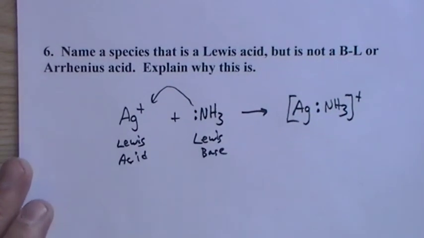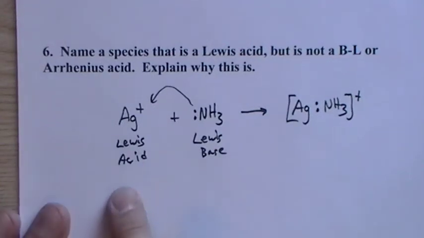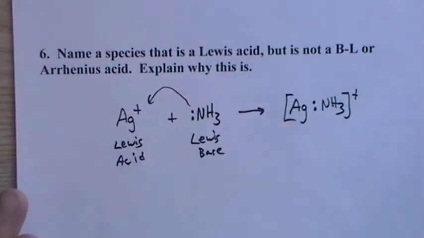So an Arrhenius acid is also a Bronsted-Lowry acid, is also a Lewis acid, but it doesn't work in the opposite direction. A Lewis acid does not have to be a Bronsted-Lowry or Arrhenius acid. So it's a very special case. It seems like we just pulled that out of nowhere, and it's kind of silly, but it turns out to be the basis for a very large portion of inorganic chemistry. So it's important to know.